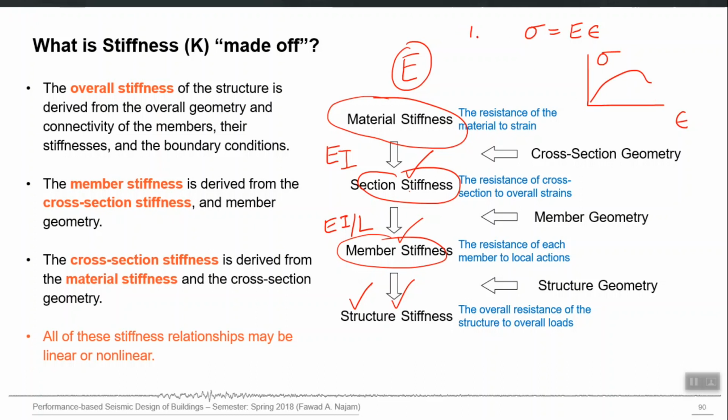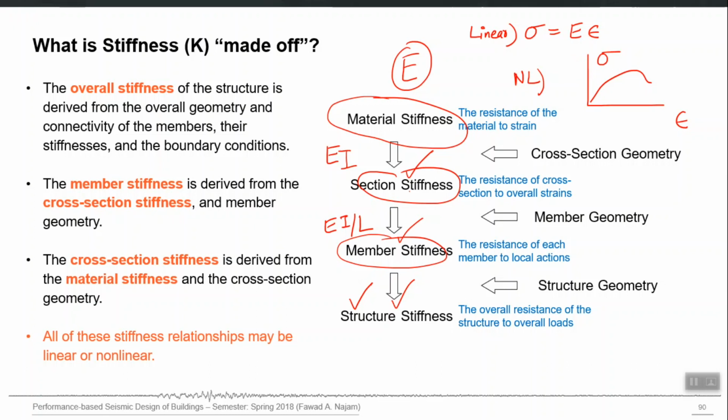So this equation was being used in a linear model, while this complete nonlinear curve will be used in a nonlinear model, right. So this is an example of how a stiffness which is relating the action and deformation can be constant and can be variable.